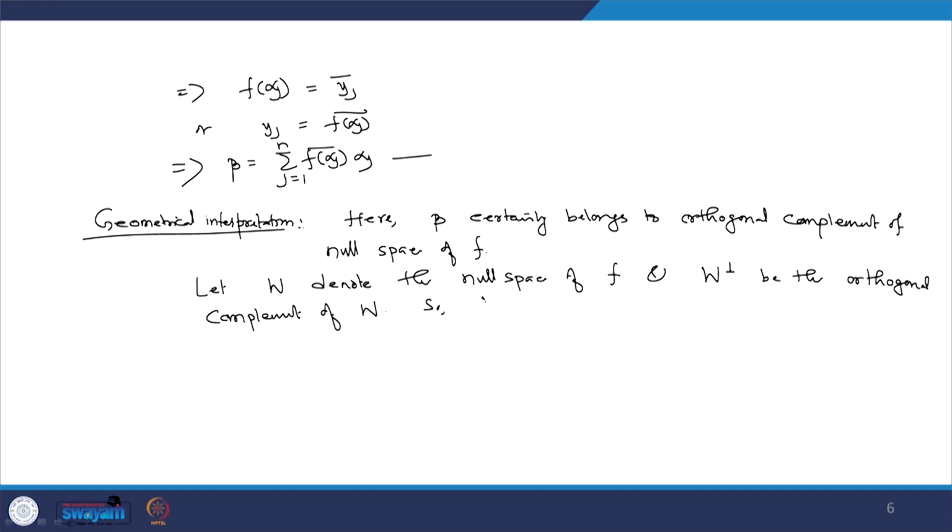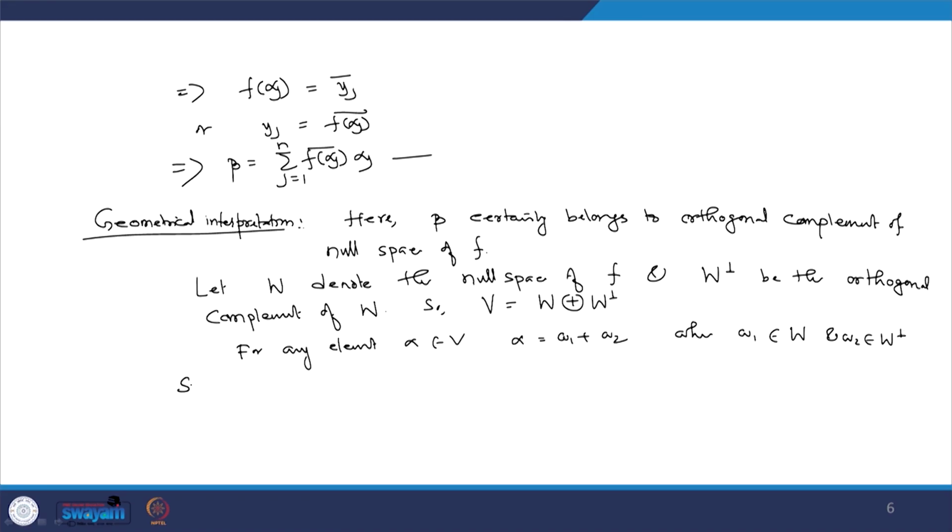So, here I can write down the vector space V as a direct sum of W and W complement, orthogonal complement. For any element alpha belongs to V, alpha will be something like W1 plus W2, where W1 belongs to capital W and W2 belongs to W bar, orthogonal complement.